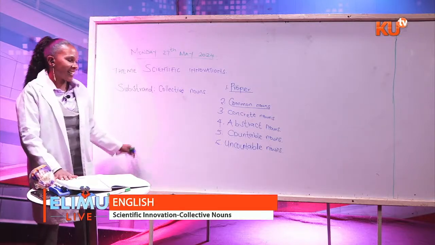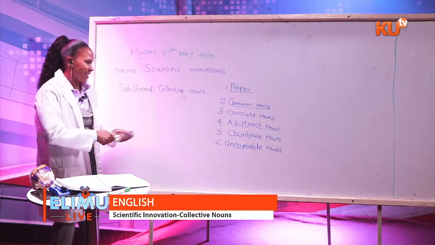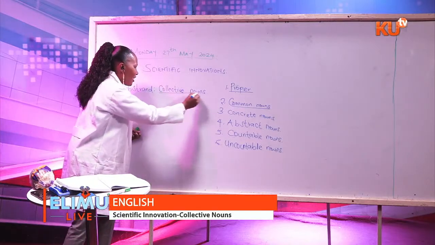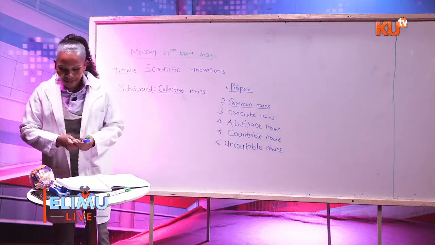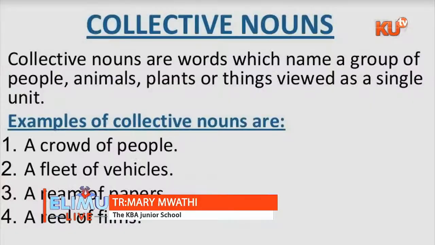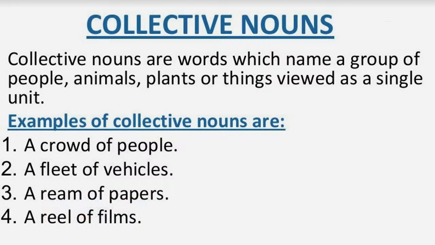What are collective nouns? Very good. As we have seen from the examples given, collective nouns are words which name a group of people, animals, plants, or things viewed as a single unit.